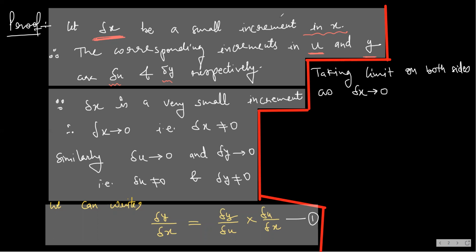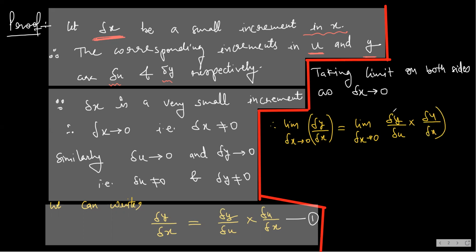So see here what I get. Therefore, limit delta x tending to 0, delta y by delta x. And this side I have limit delta x tending to 0, delta y by delta u into delta u by delta x.